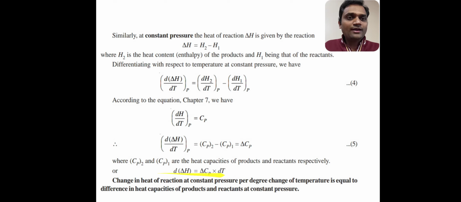Now we can write from this d of delta H is equal to delta Cp into dT.